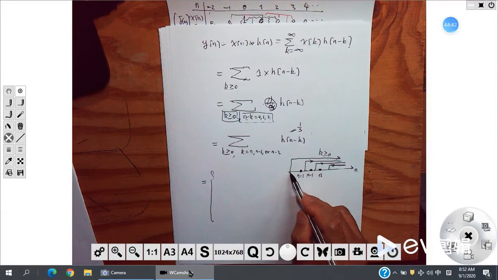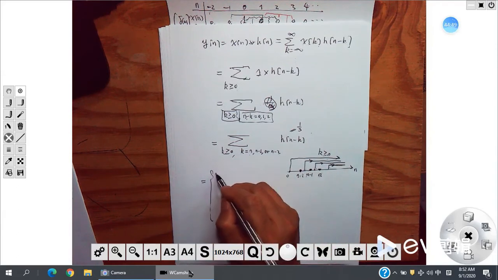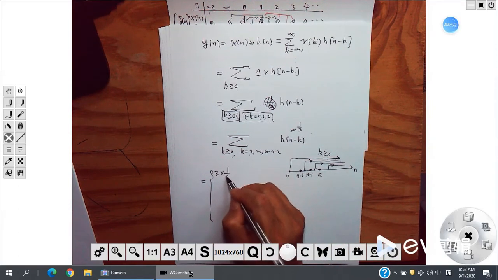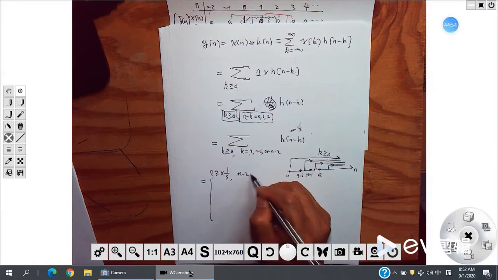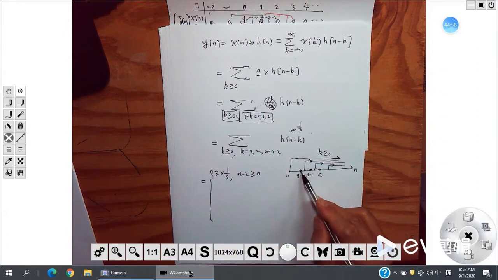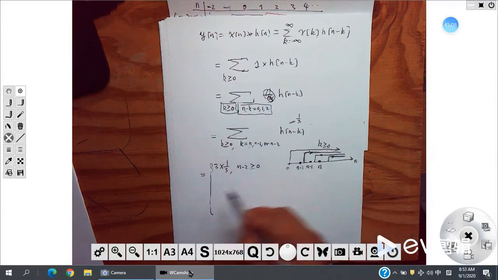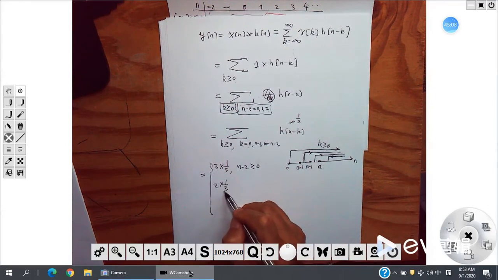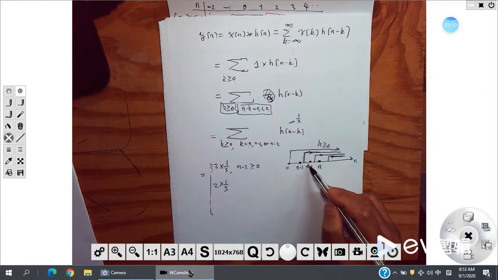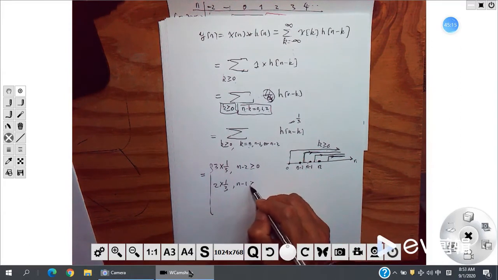In this case, k is here. K is larger than 0, so 0 is here. That means n minus 2 is larger than 0. Then this is a sum of 3 terms of 1/3, and n minus 2 is inside the side where k is larger than 0. And the second, here you have 2 terms, so 2 of 1/3, and this is the case n minus 1 larger than 0, right?